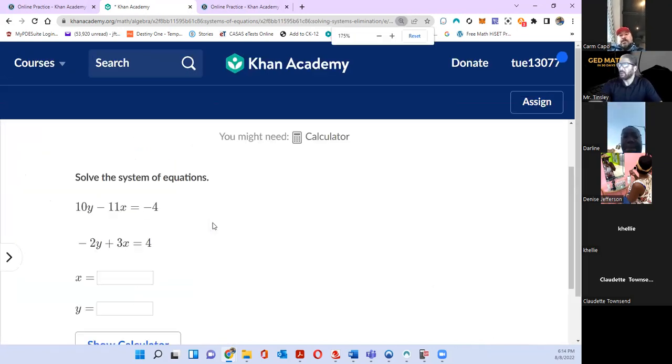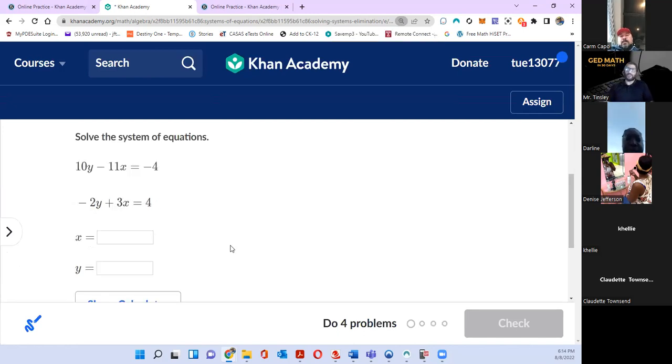Okay. So now, when you look at this system of equations, what is the variable that you want to get rid of? Should we try to get rid of y, or should we try to get rid of x? It doesn't matter, does it?